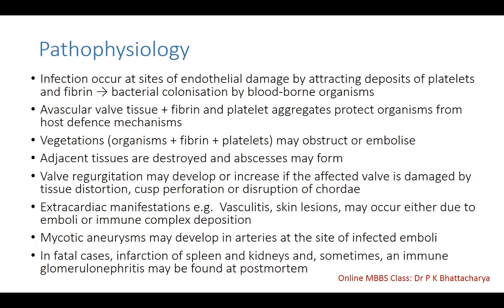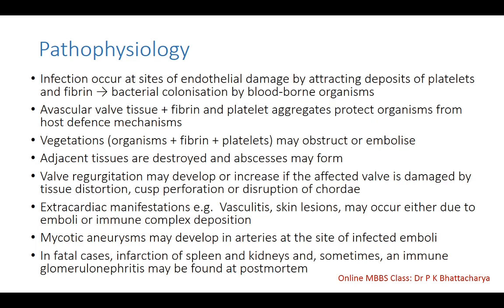And these vegetations, which are formed by the fibrin platelet aggregation along with bacterial colonization, may cause several problems. One, they may obstruct the particular orifice, that is the valve. Two, they may break down and go to a distant site and embolize. And thirdly, they may also destroy that particular area of tissue, producing breakdown of that valve.